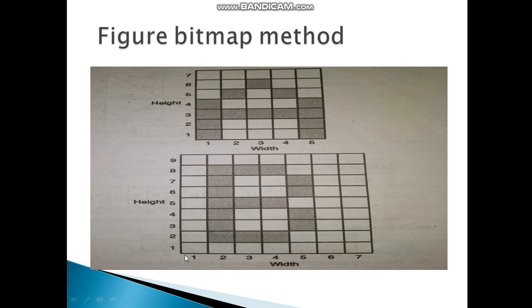In this figure the column is 7 and row is 9, because in this B the size is larger. Because of that, the array is large, that is 7 columns and 9 rows.